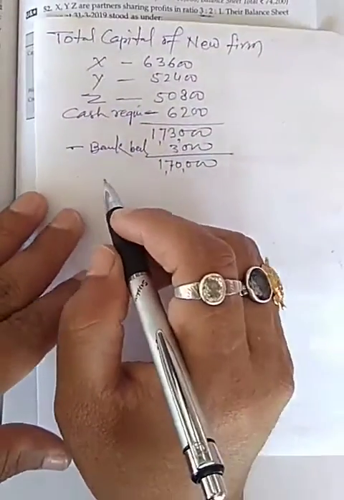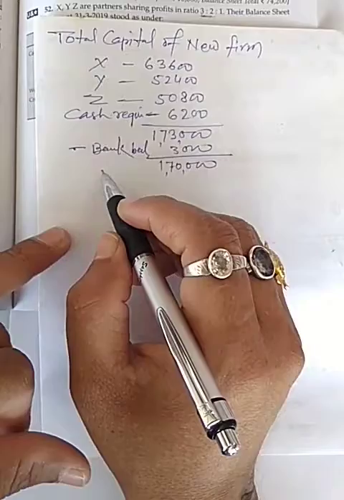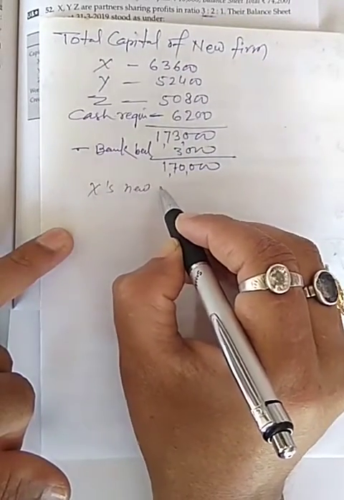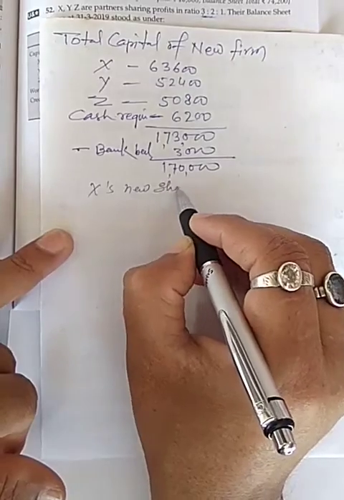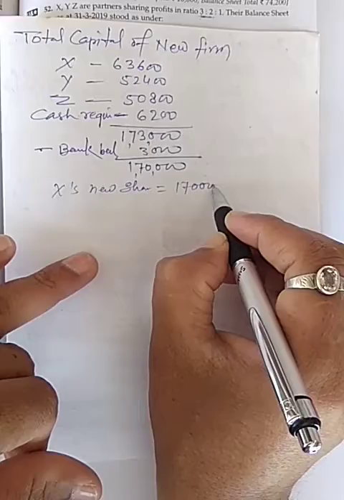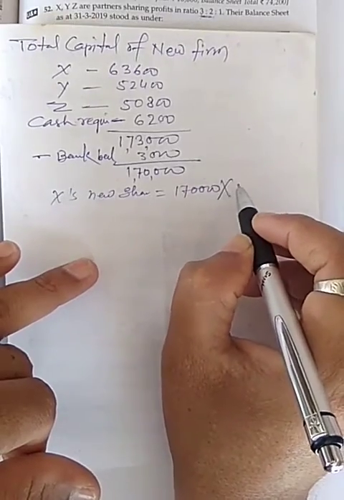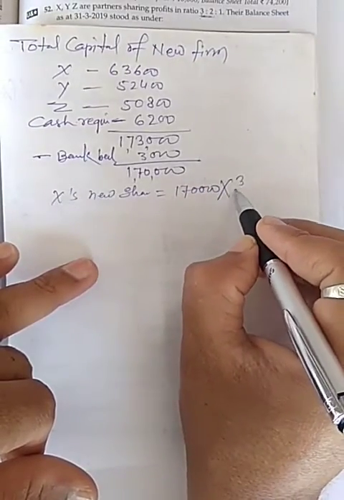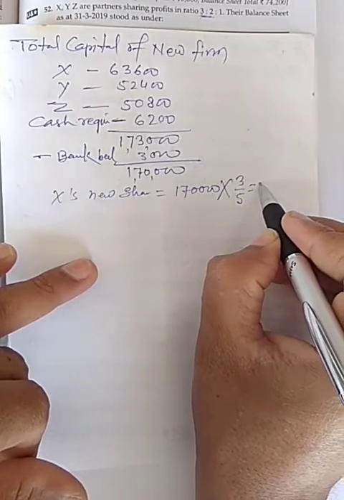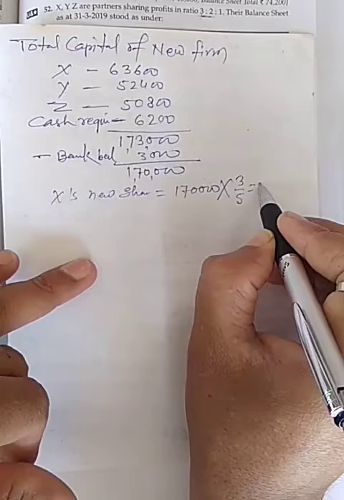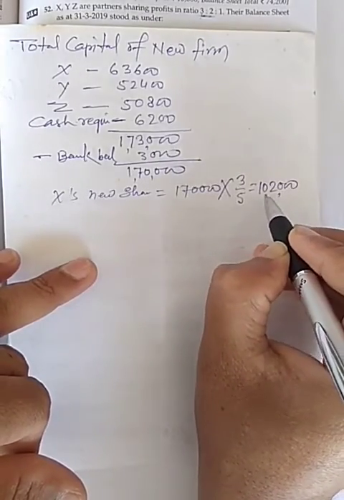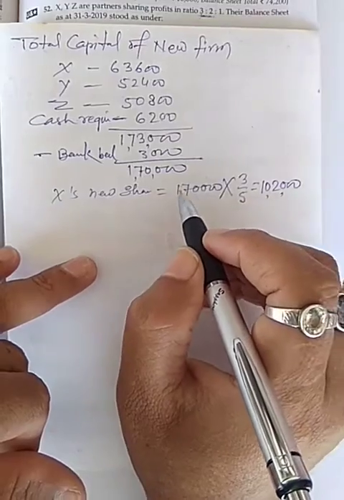Now X's new share will be 1,70,000 into the new ratio 3/5, so it will be 1,02,000.